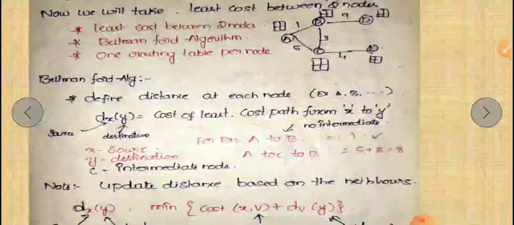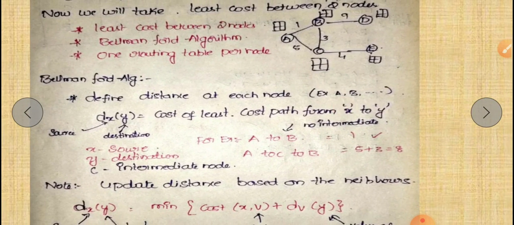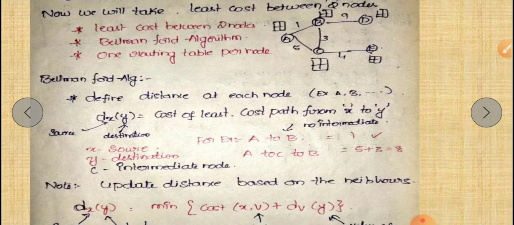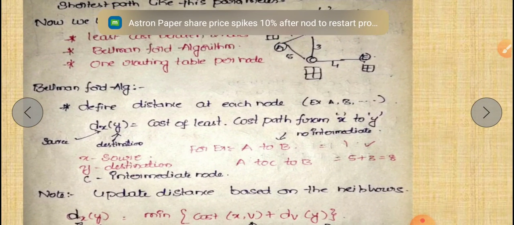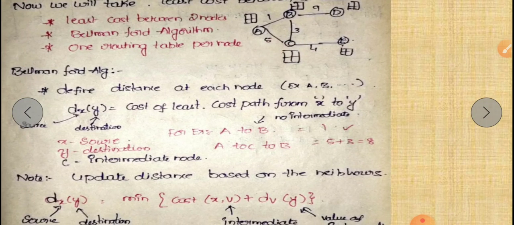For example, here I have taken A to B. What is the cost? It is 1. For reaching the destination B, A has one more route, A to C and C to B, so the second path also exists.